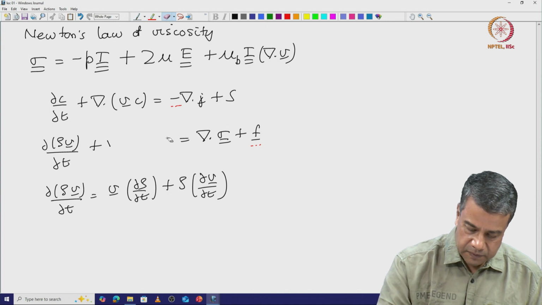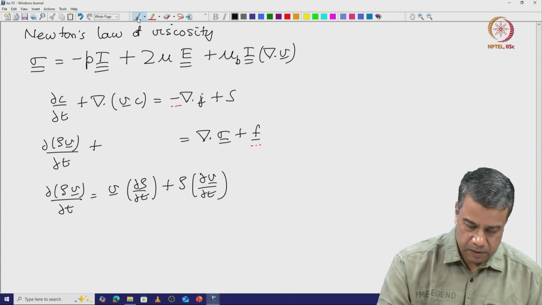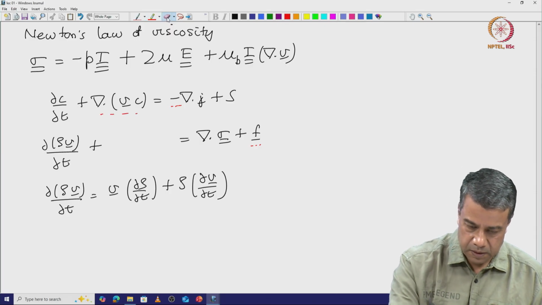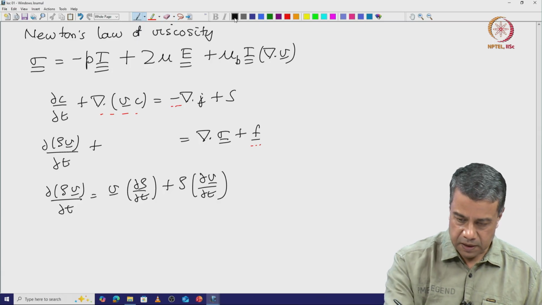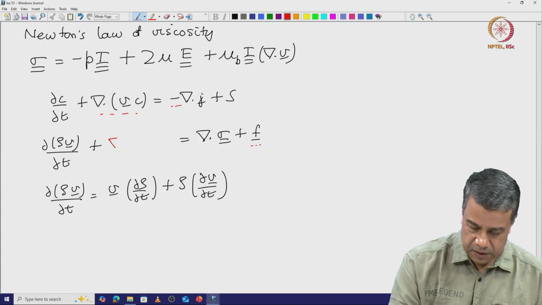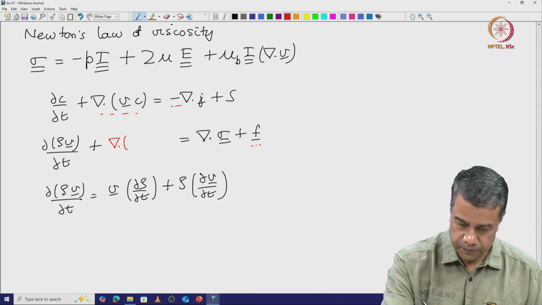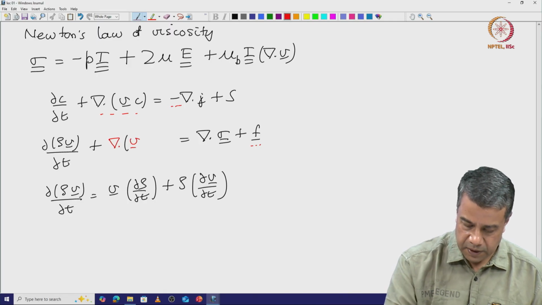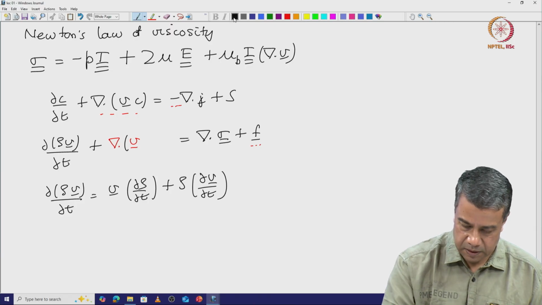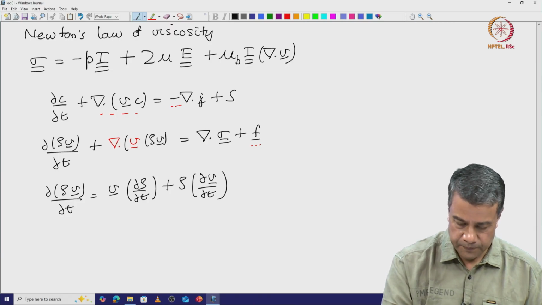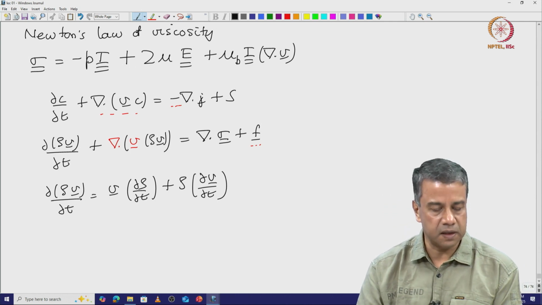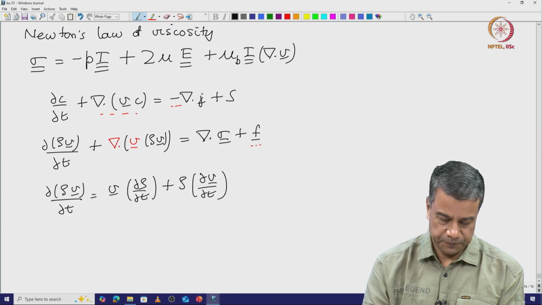Let me write this slightly differently in order to make it similar to what we had over here. So, this I can write as the divergence of V times the momentum density. This red color shows you that the divergence is between this velocity V and the gradient operator.